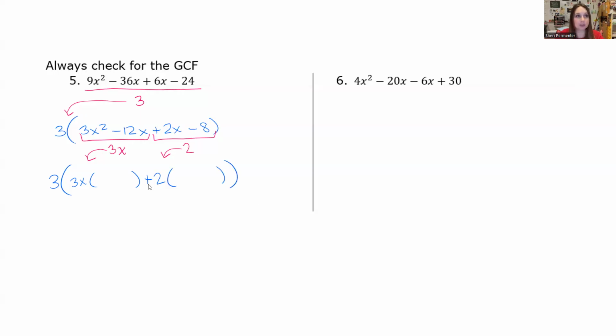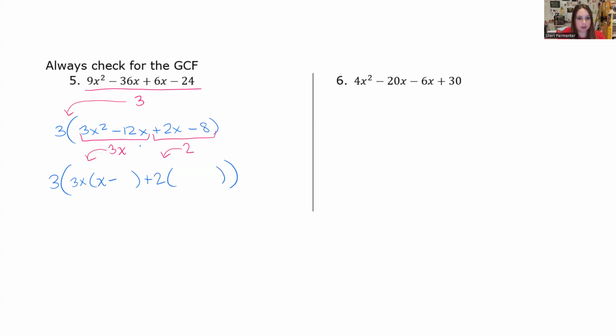Okay, so factor by grouping. I'm dividing out 3x for my first group. 3 divided by 3 is 1. x squared divided by x: I have 2 x's, and I'm taking 1 away, so I'm left with just an x. It's negative, so I can put the negative there. 12 divided by 3 is 4, and these x's will cancel or dissolve into 1.